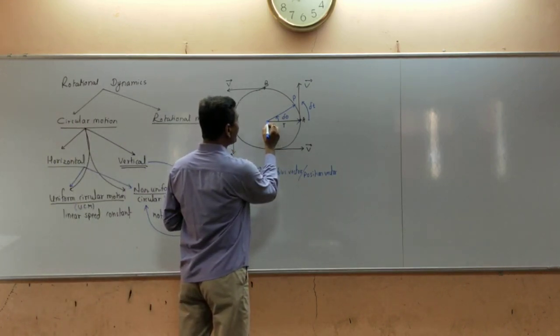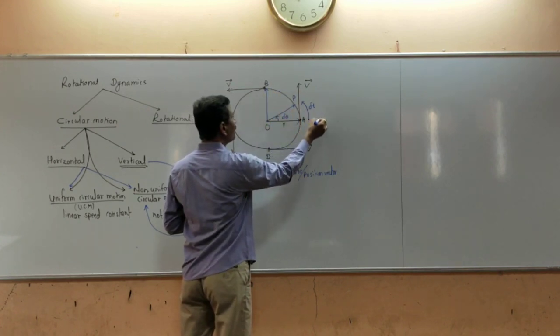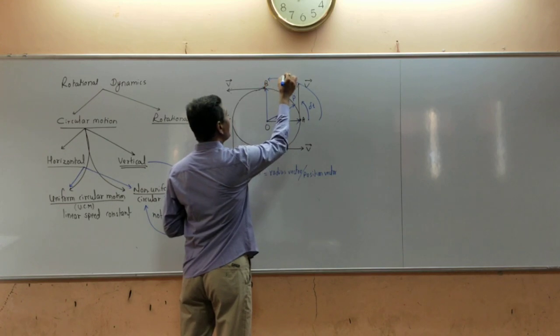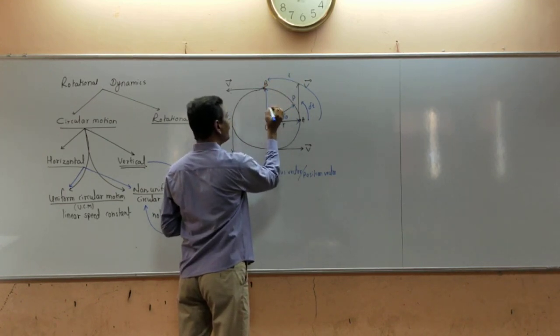And if you consider a finite interval of time, say t, particle moves from A to B, then the radius vector rotates through an angle theta.